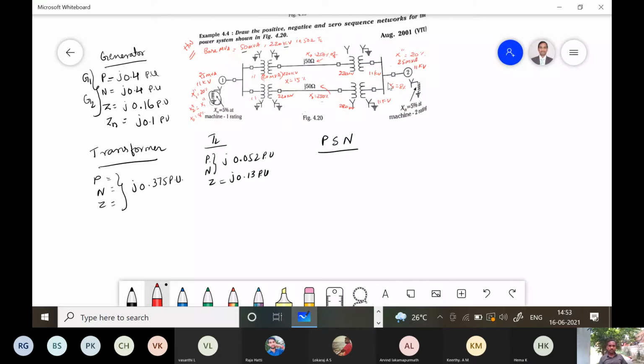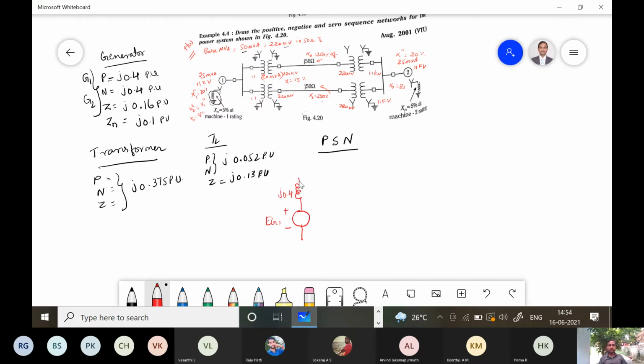According to the diagram, the first one is the generator, with plus and minus, called EG1, with a positive sequence reactance of J0.4. Then the transformers, and we have two transmission lines in parallel.